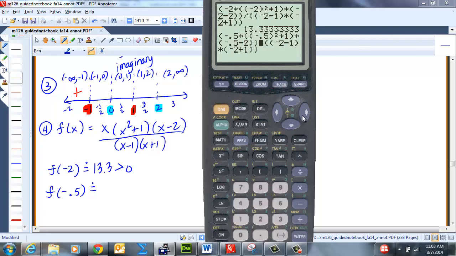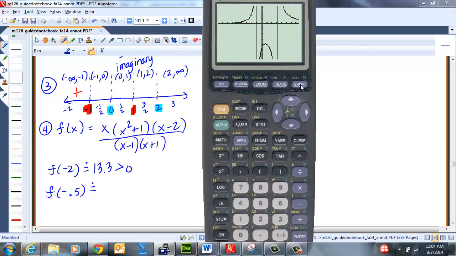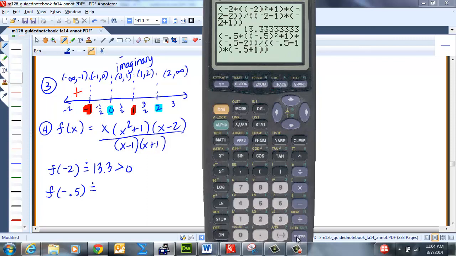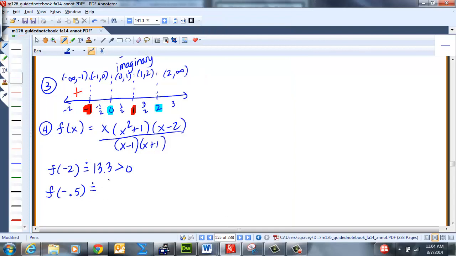Okay, and that one I got approximately -2.1, which is less than 0.